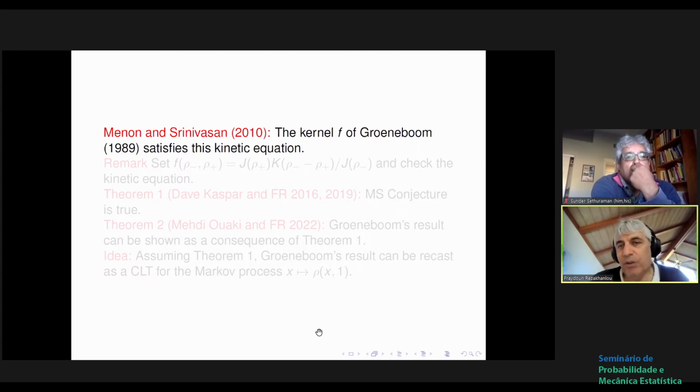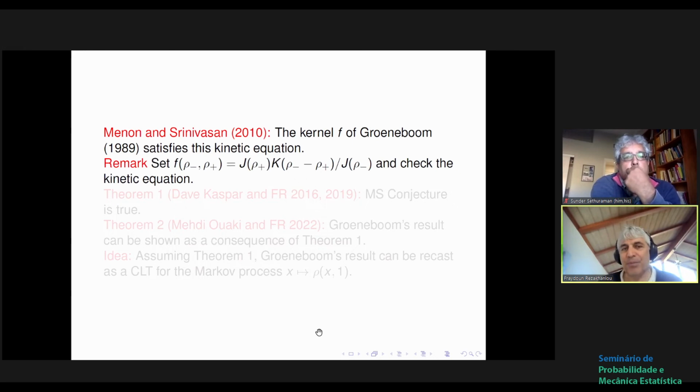When they formulated this conjecture, Menon and Srinivasan showed that the Groeneboom kernel satisfies this kinetic equation. In other words, you have a solution that is scaled with time. The formula I showed before: you can always express the kernel at time t in terms of the kernel at time 1, and at time 1 it is given by this combination of k and j. And they put that in the equation.